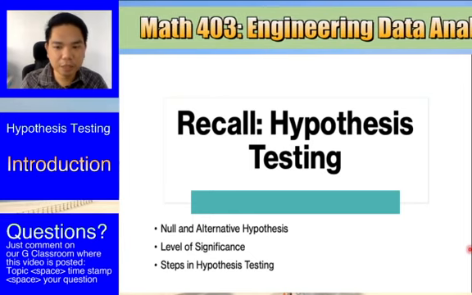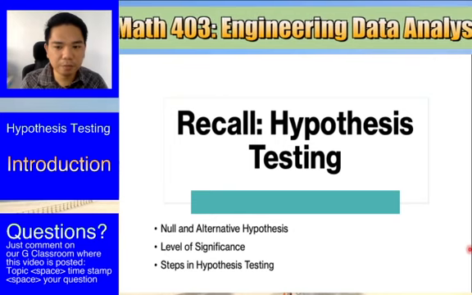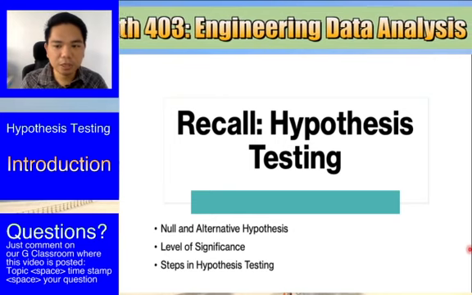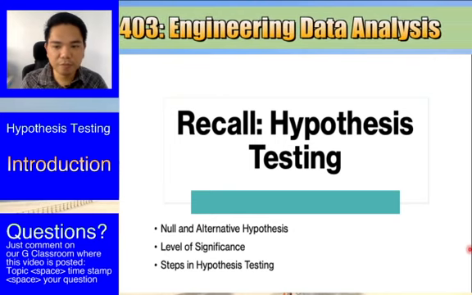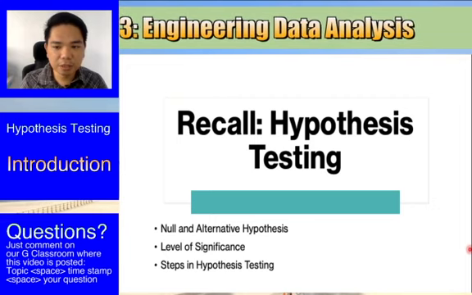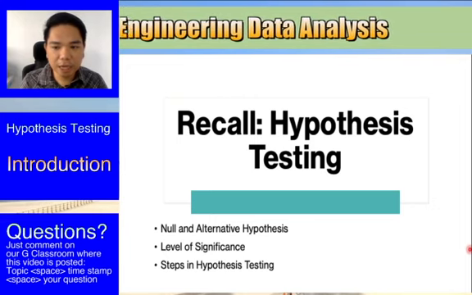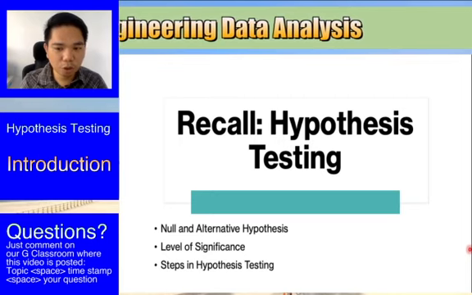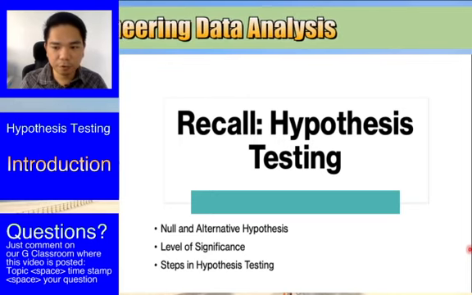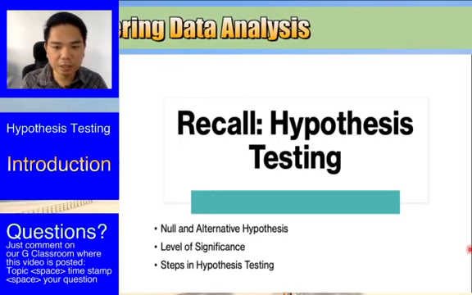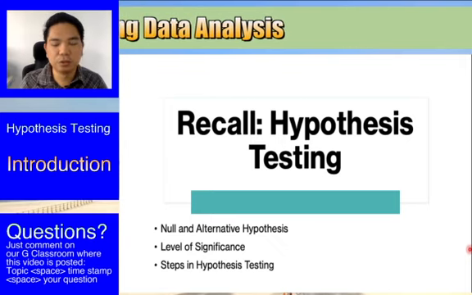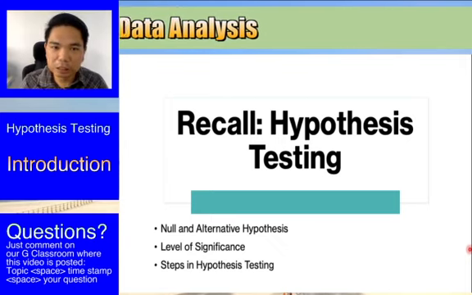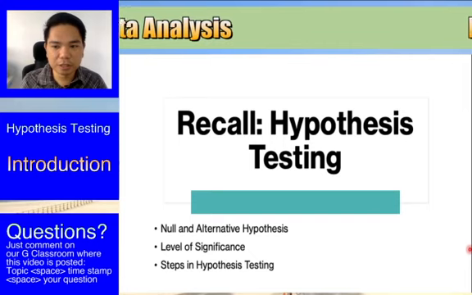In this process, the researcher must define the population under study, state the hypothesis to be investigated, give the significance level, select a sample, collect data, perform the required test, and reach a conclusion. So, yun yung mga ginagawa natin for hypothesis testing last time.